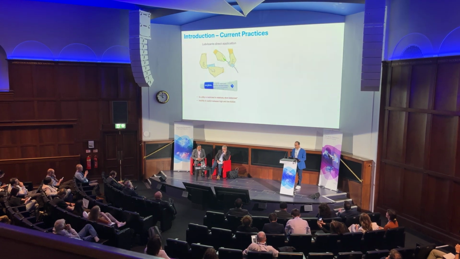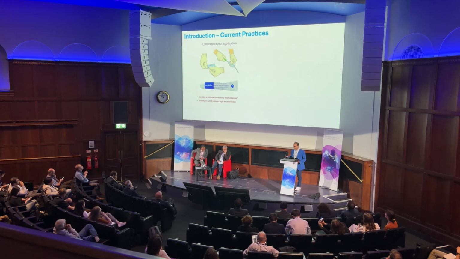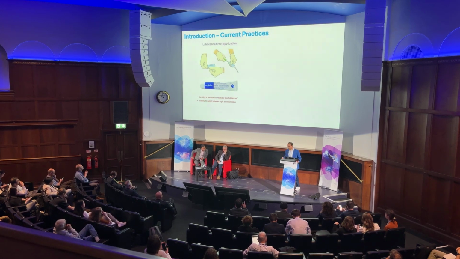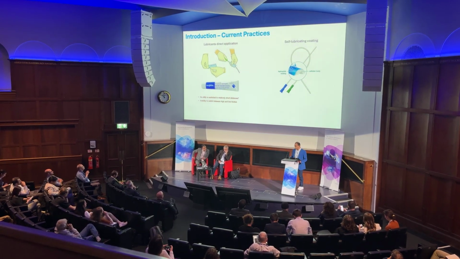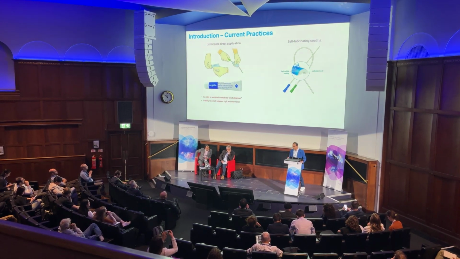Looking at the current practices, one of them is applying lubricants directly to the catheter, which is restricted to relatively short distances and is unable to switch between high and low friction states depending on the phase. Another alternative is using self-lubricating catheters, like hydrophilic ones, for example.